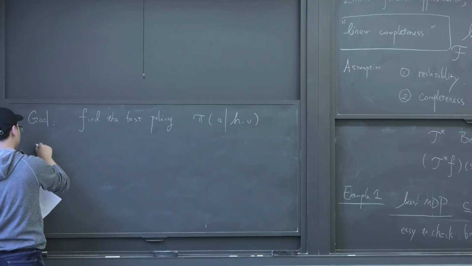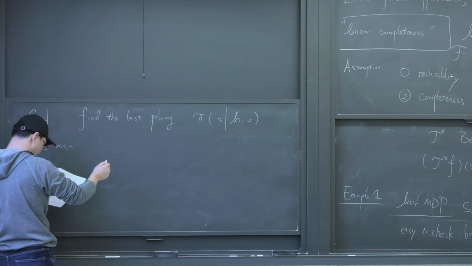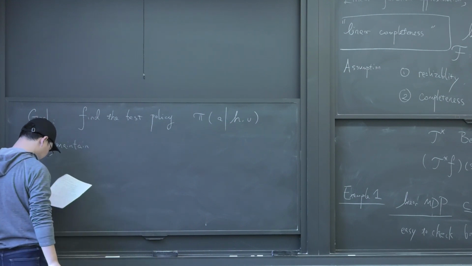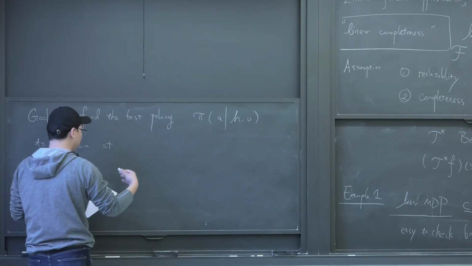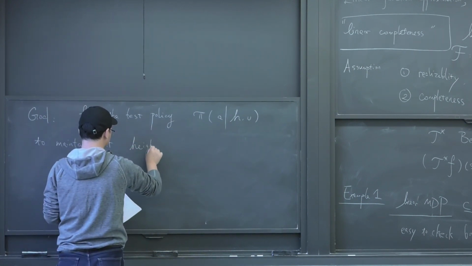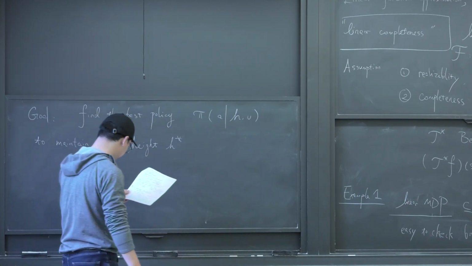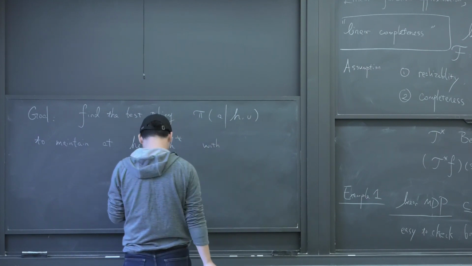And so that we will find such a policy, we can maintain the height. So we want to maintain a helicopter at the height h star as best as we can. And we want to do that with the least amount of power.